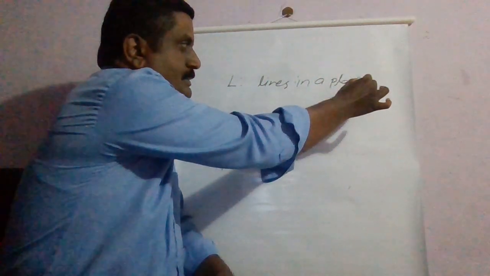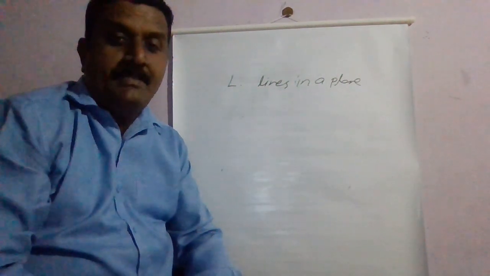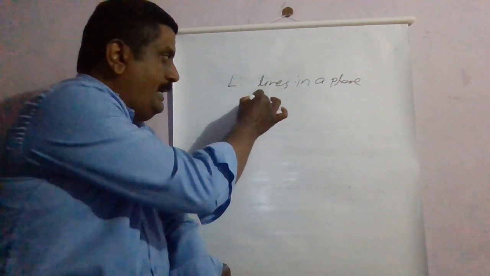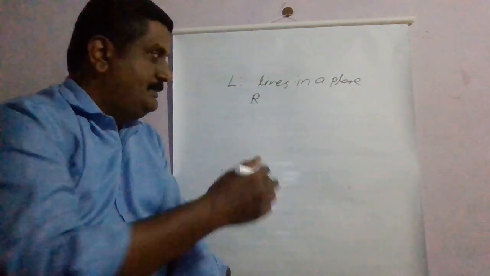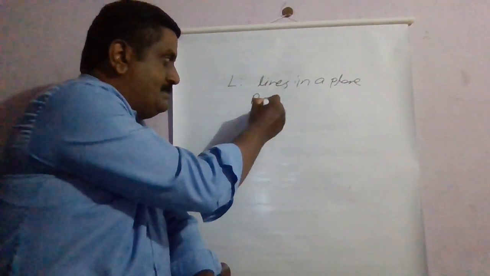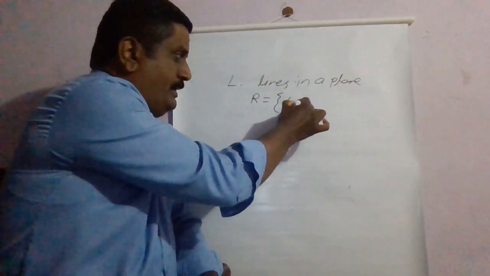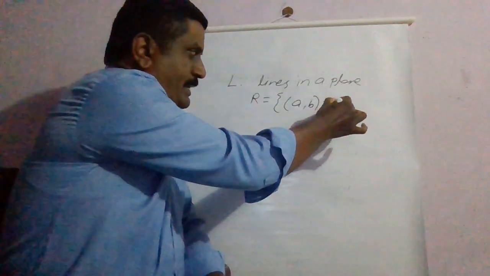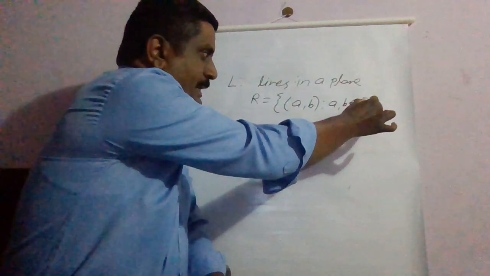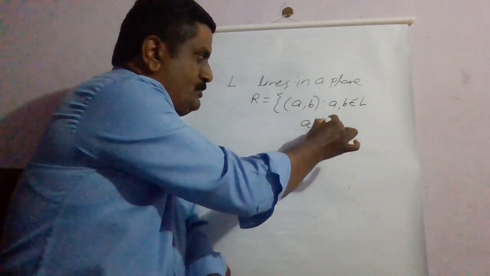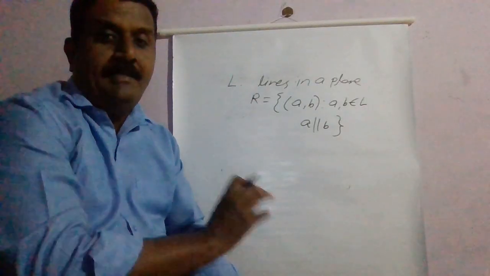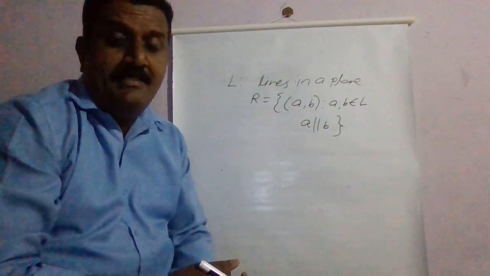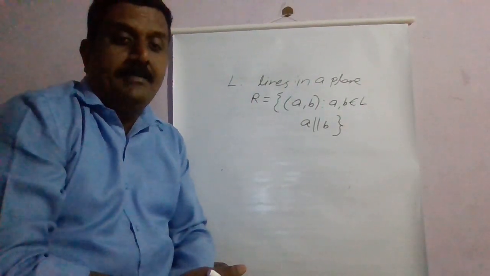R is defined on L in such a way that R is the set of all ordered pairs (a, b), where a, b belong to L and a is parallel to b. This is the relation, and we have to check whether this relation is an equivalence relation.